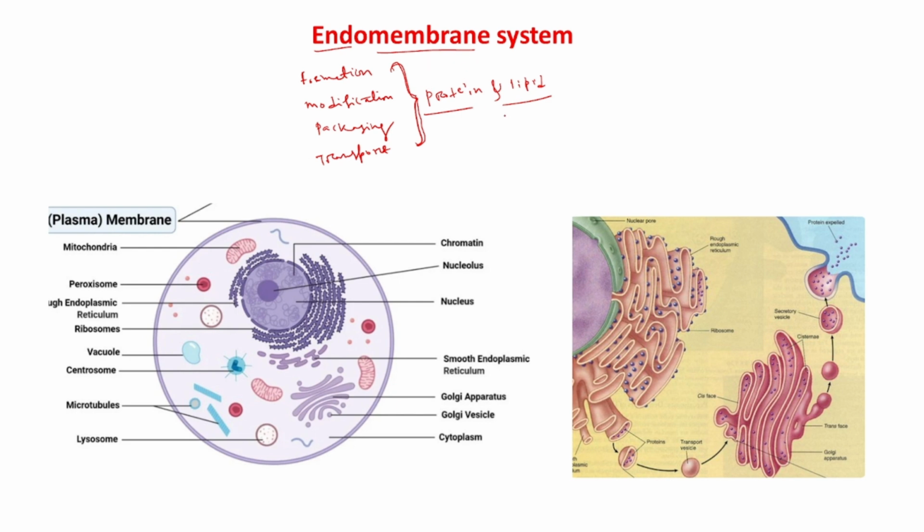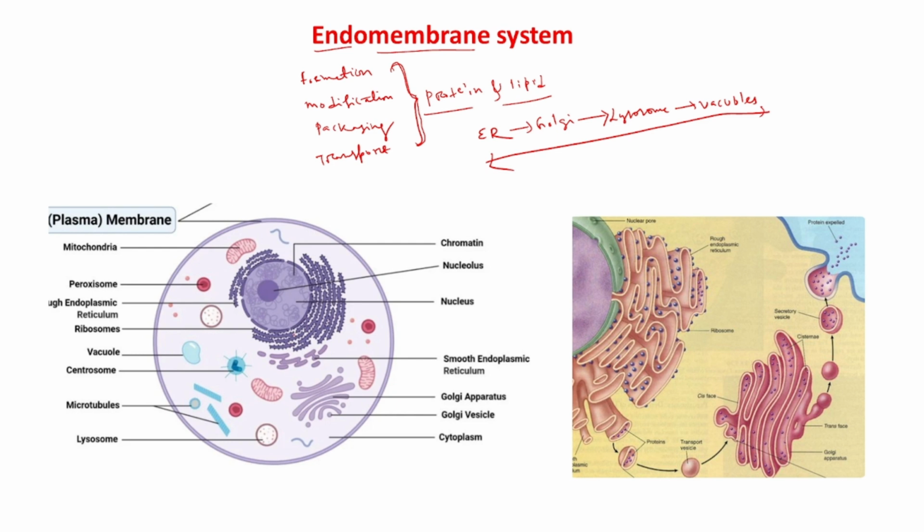So what does the system include? The system includes the endoplasmic reticulum, Golgi body or Golgi complex or Golgi apparatus, lysosome and vacuoles. So these four organelles are responsible for the formation, modification, packaging and transport of protein and lipid. Look at the structure.